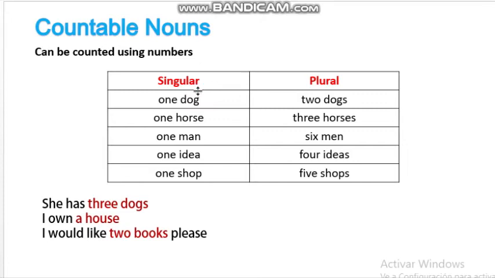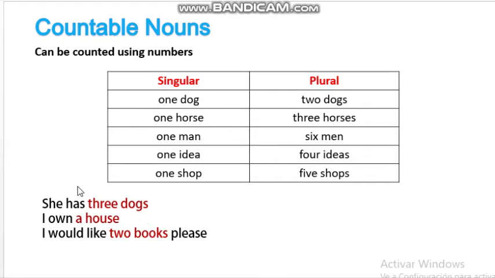In the singular, we have one dog, the plural, two dogs; one horse, three horses; one man, six men; one idea, four ideas; one shop, five shops. Do you notice the difference? This is the singular with one and the plural with any number we want.